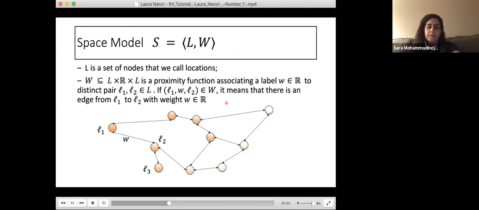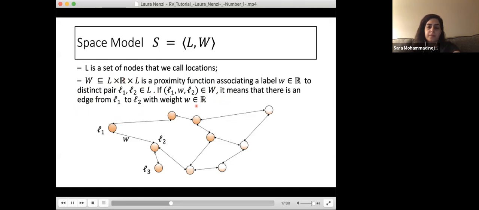So you can think of this W, capital W, just as a subset of the space: location times real value times location. And you say that if there is a tuple, for example (L1, W, L2), that belongs to this set, so to capital W, it means that L1 and L2 are connected and that there is a weight equal to W.